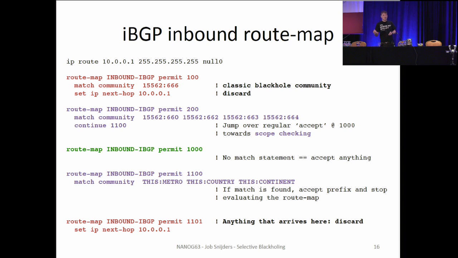So it will just accept the BGP update, install it in its forwarding path, unaltered, and continue forwarding traffic. However, if we did not match with 1100, this means we're outside the region, and that means we have to start blackholing. So then we set the next hop to 10001, which is a discard route.